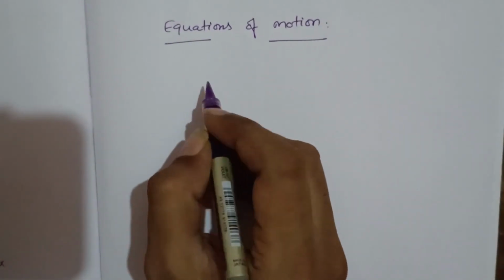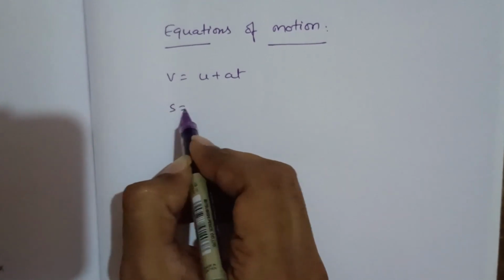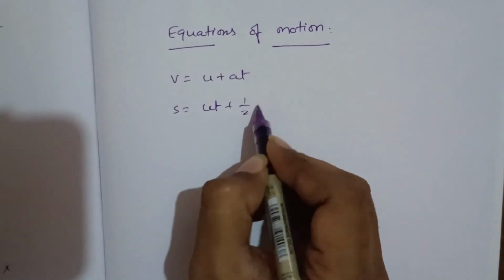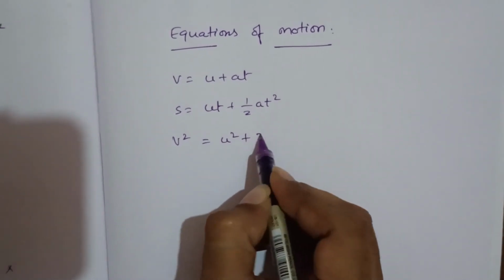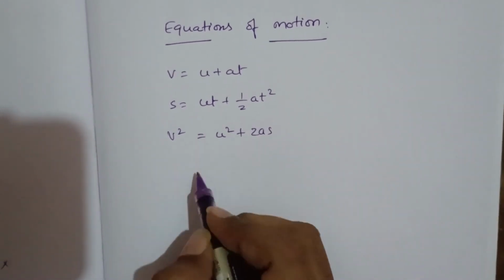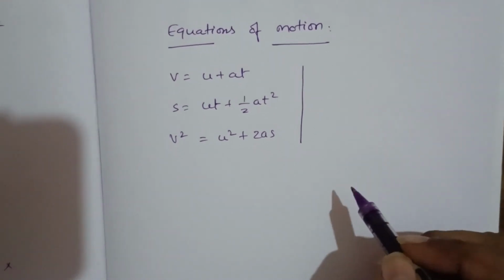Now we have equations of motion: v equal to u plus at, s equal to ut plus half at square, v square equal to u square plus 2as. These equations we can write in two dimensions.